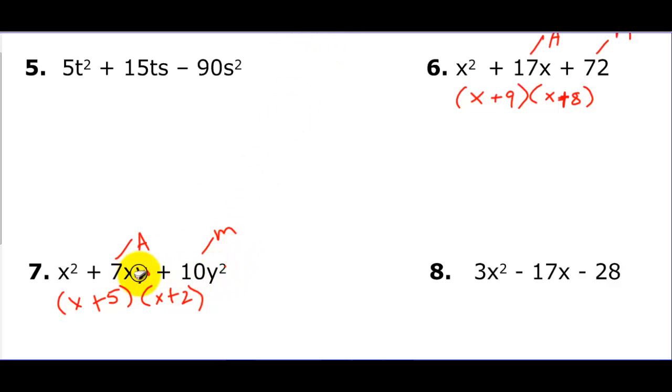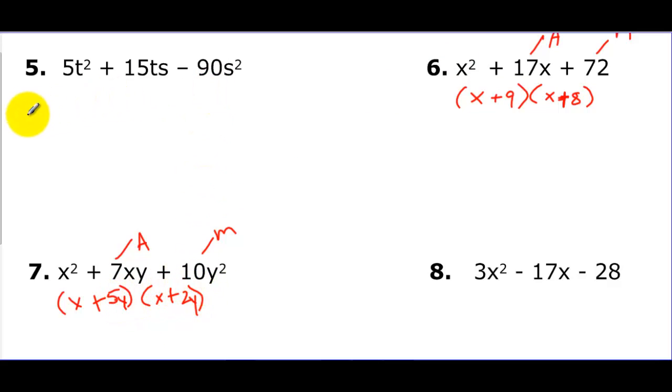Well, if I need that y squared to be there, the way to do that is to put a y onto 5 and a y onto 2. If you do 5y times 2y, you do get 10y squared. And if you check the middle, there's a 5xy and a 2xy, and that is 7xy. So that's really the same type of problem. You just have to figure out how to get that 10y squared at the end, and that's by putting a y with 5 and a y with 2.